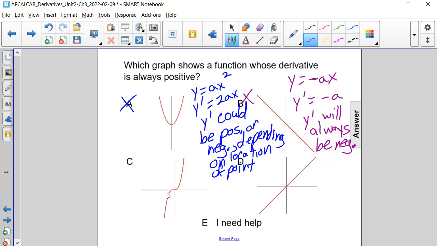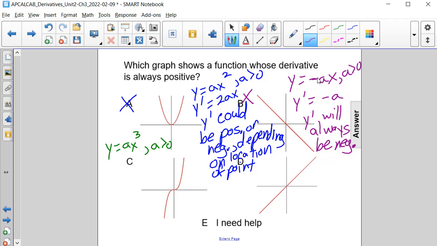If we look at answer choice C, we have a cubic. So we can write this one as y equals a times x to the third, and a is greater than 0, as well as this last one.